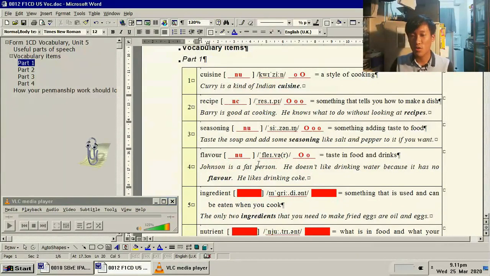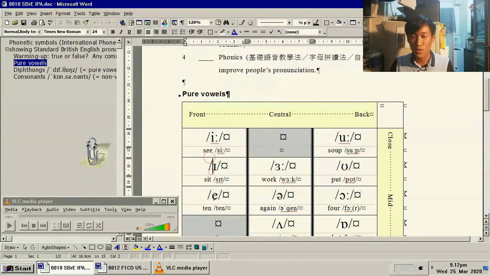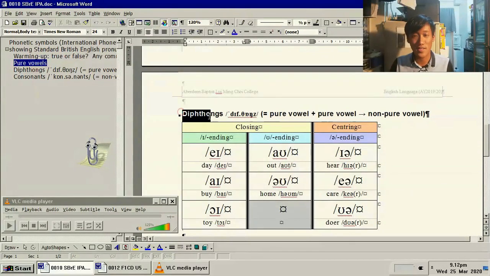Now it's time to talk about another kind of thing that is new in the IPA. You see here, what kind of sound is this? You may find this in the table, but there are two. When we put them together, we call them diphthongs. It's just a name.